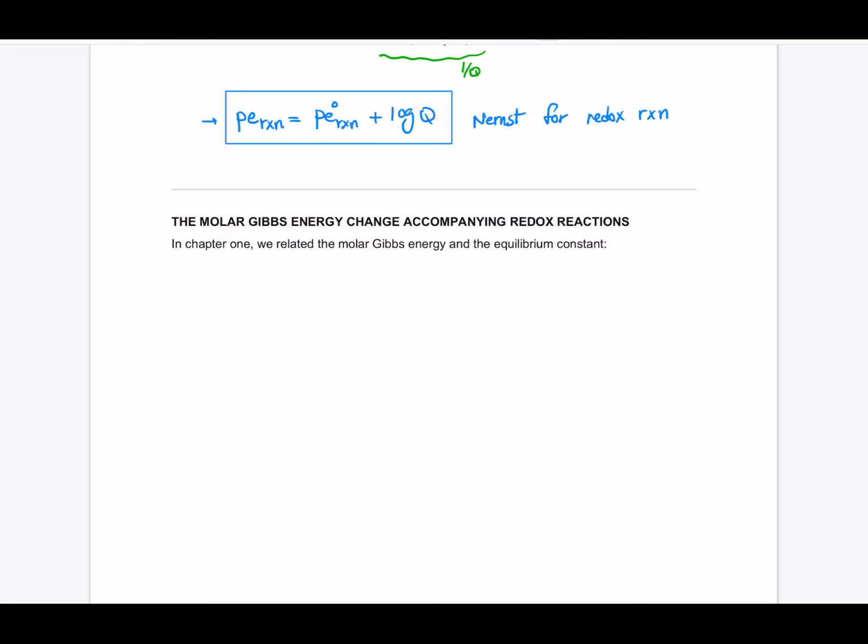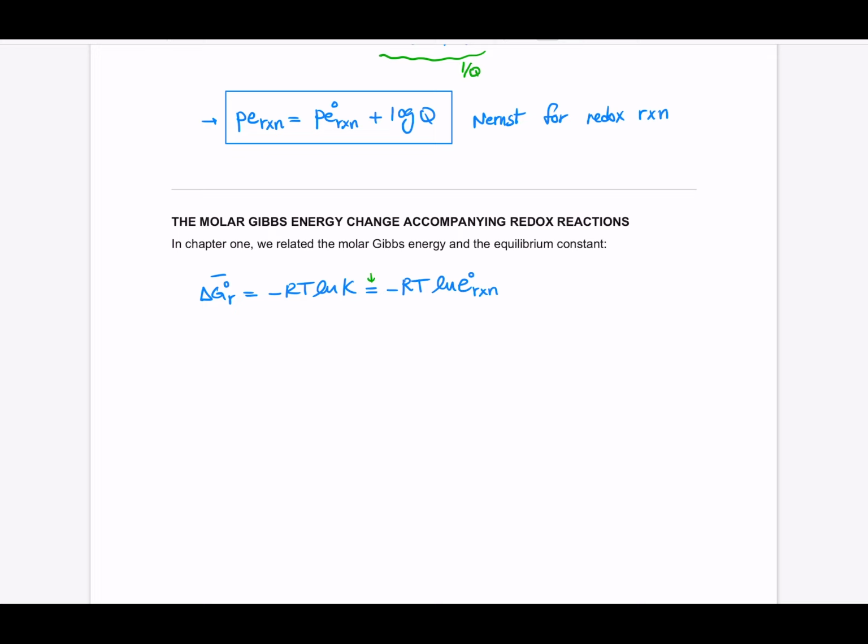So we already know, based on chapter 1, delta G at the standard condition would be equal to minus RT ln K. And for a redox reaction, that K value would be basically E0. So that would be minus RT ln E0 of reaction.